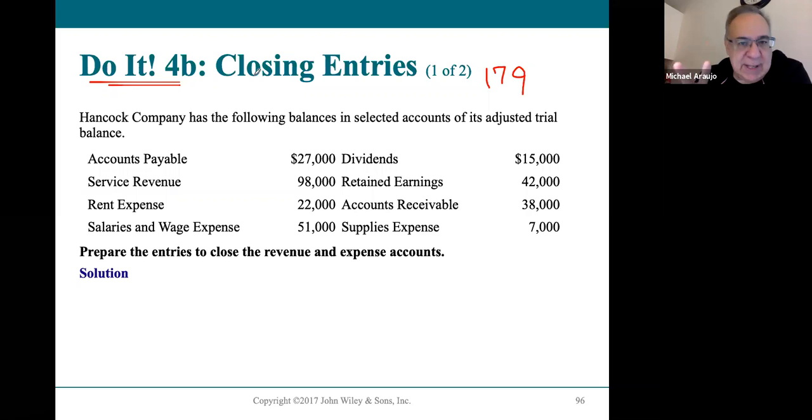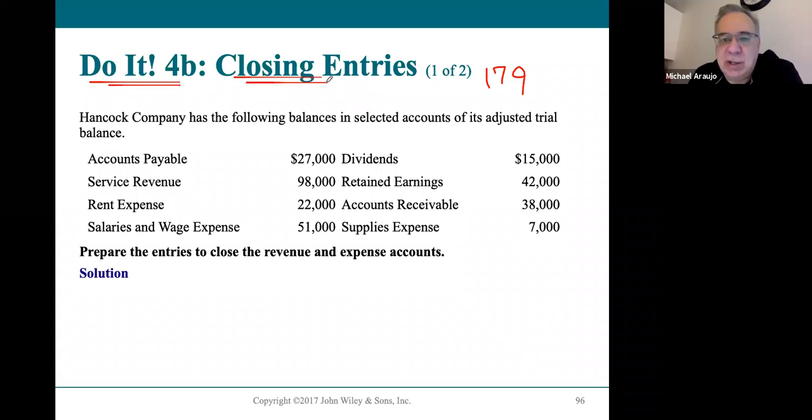We close the expense accounts at step 2, move all of that to income summary. Now we no longer need income summary, so we dump all of that into retained earnings. And the last step is to close dividends. That's important to know because the only accounts that close are temporary accounts: revenue, expense, and dividend accounts. If it's on the balance sheet, it's a permanent account and it doesn't close.